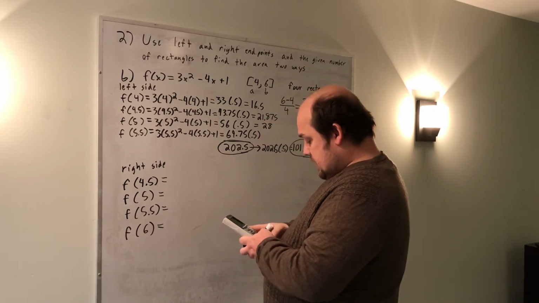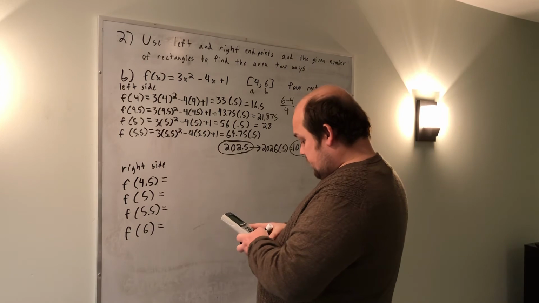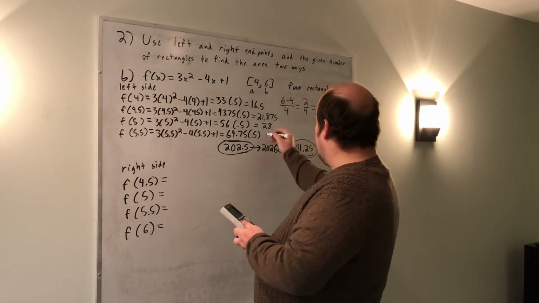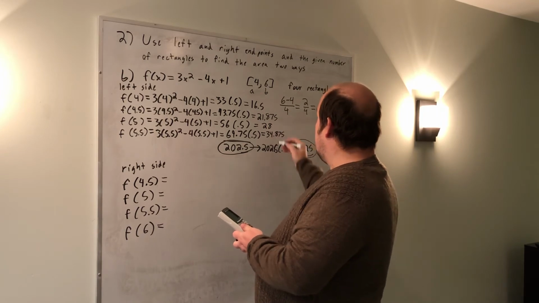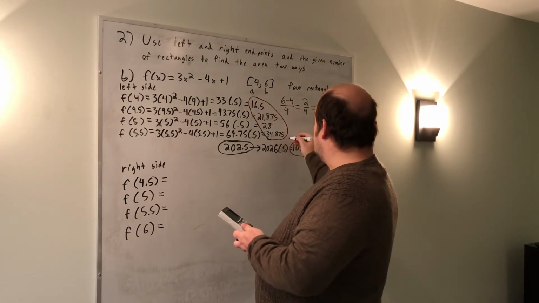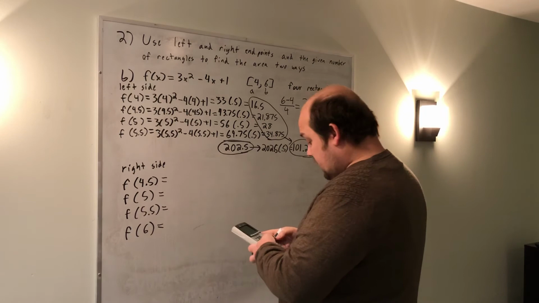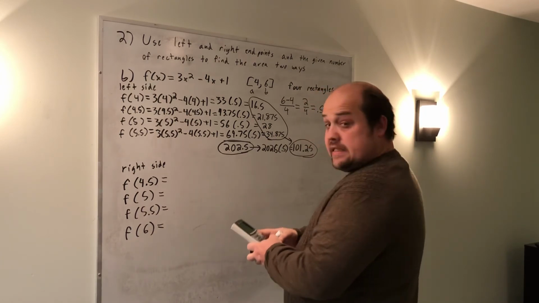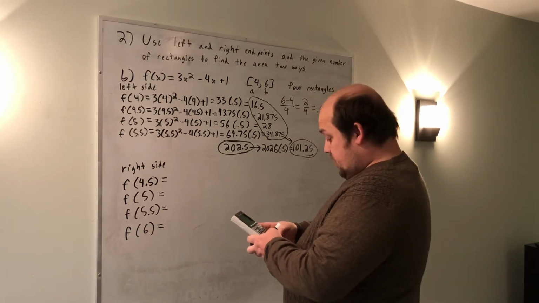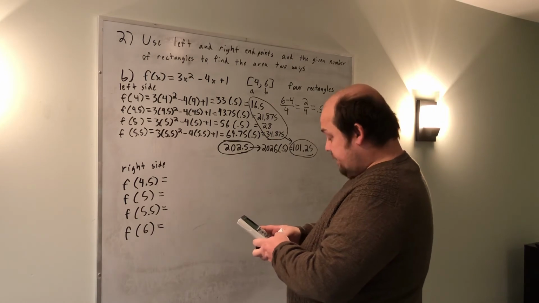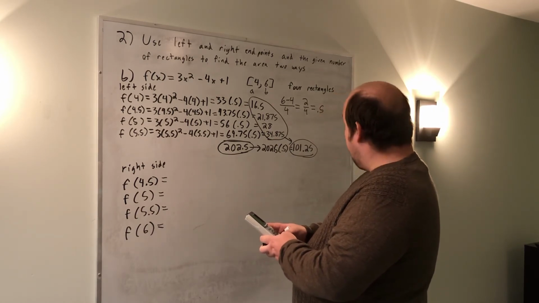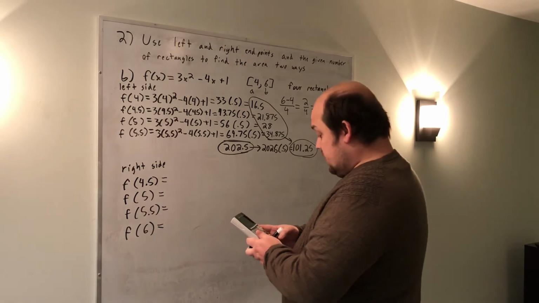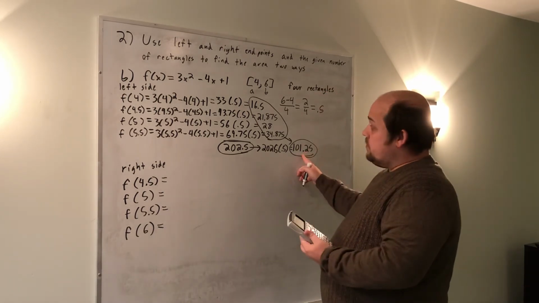And 69.75 times 0.5 gives me 34.875. So these are what I'm actually supposed to be adding to get to here. Let me just double check that it does. 16.5 plus 21.875 plus 28 plus 34.875 does in fact get me to 101.25.